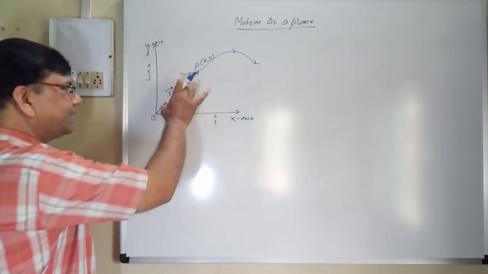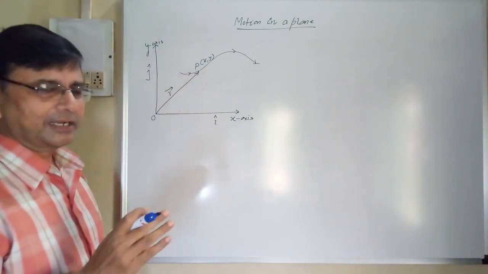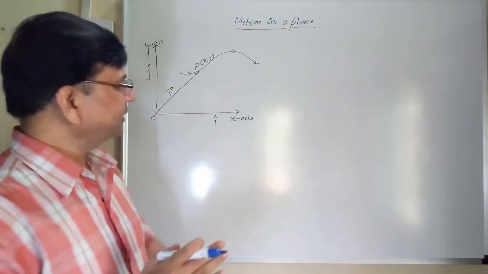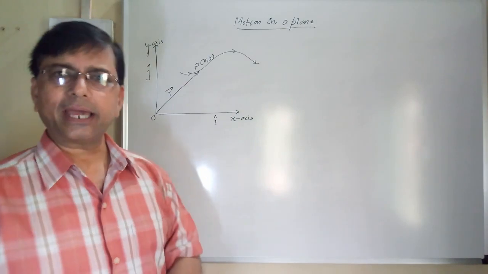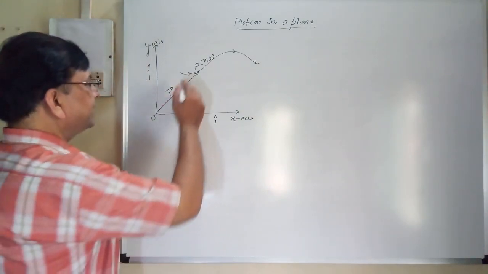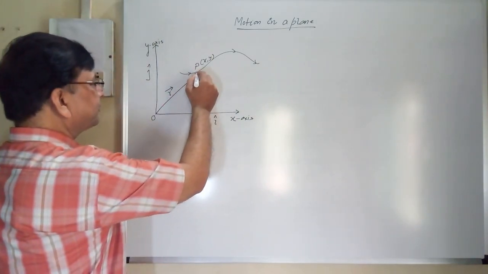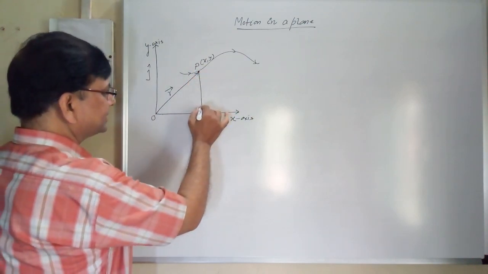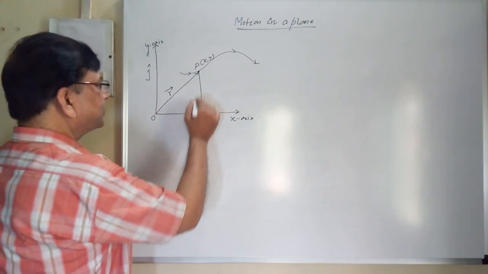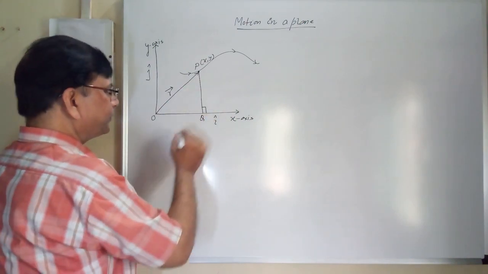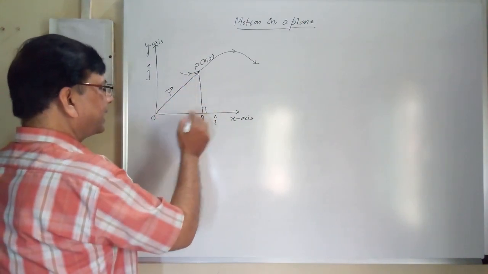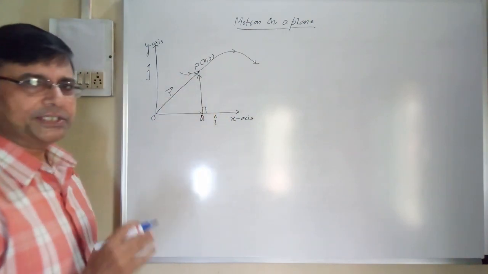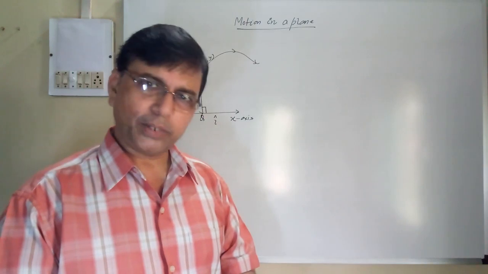And we know that this position vector is specified in terms of the coordinates of the point x and y. If you draw a perpendicular from this position of the object on the x-axis, this is 90 degrees, suppose it is Q, then this vector r is the sum of these two vectors which are mutually perpendicular to each other.